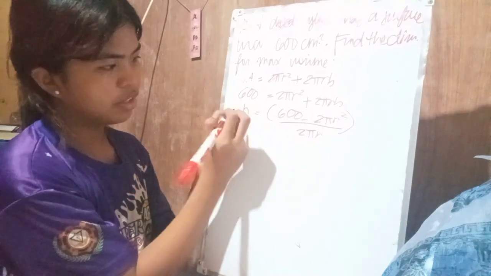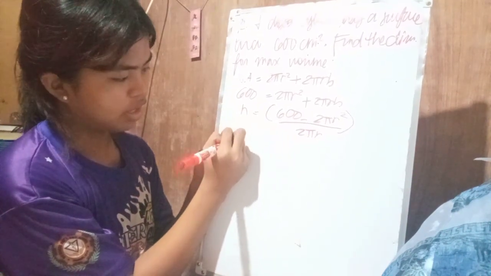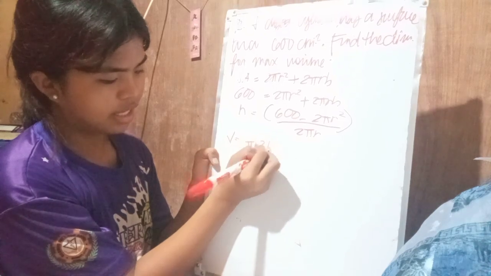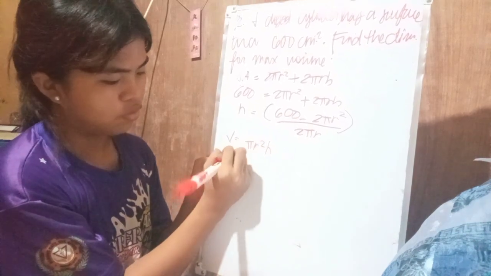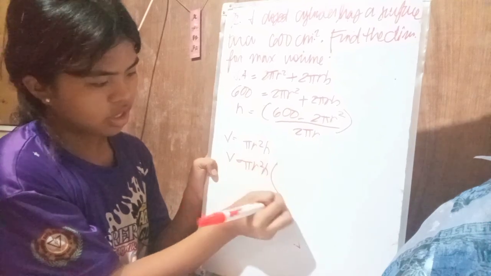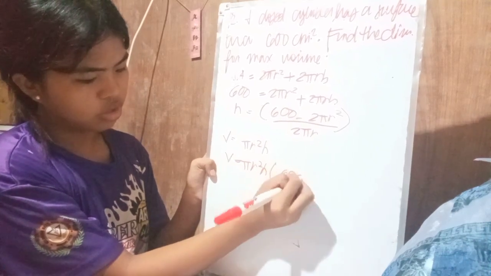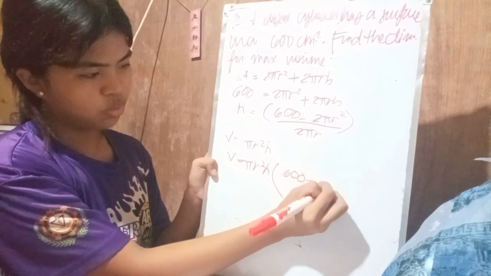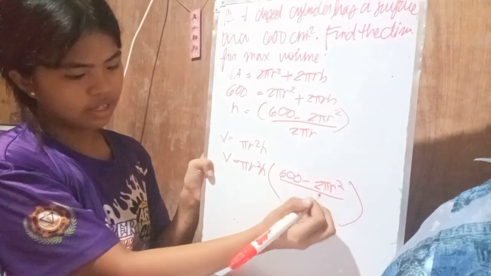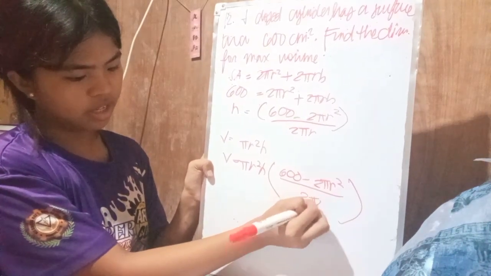So, now, the volume: V equals pi r squared h. Yeah, 600 minus 2 pi r squared, over 2 pi r.